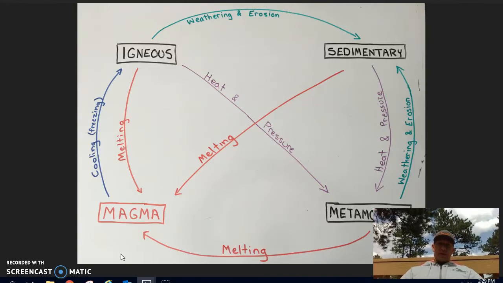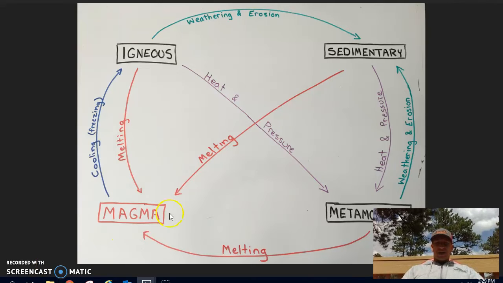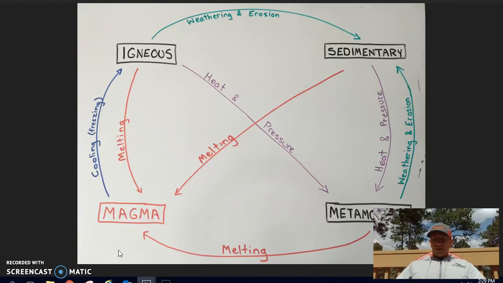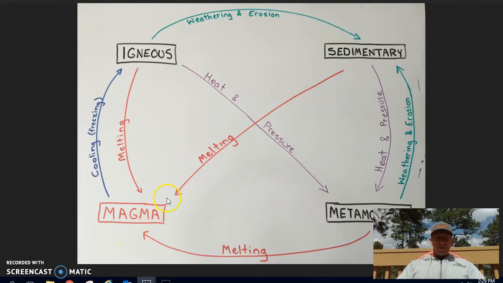So at this point you should have this drawn, and what you should recognize is that we have magma here, which most of you know. I assume maybe even this rock cycle looks familiar. But when any type of rock melts, it turns into magma, as you can see by all these red arrows.